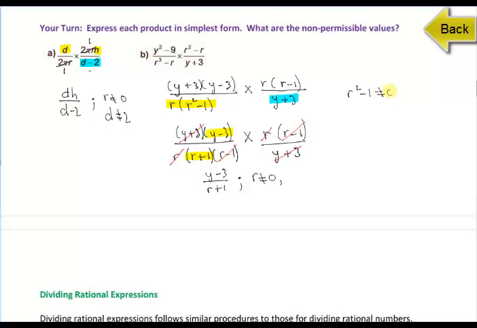So I'm going to say that it can't be equal to 0, so r squared cannot equal 1, so r cannot equal plus or minus 1, and so I can put plus and minus 1 here. And then for the denominator that I've highlighted in blue, I can see that y cannot be equal to negative 3. Okay, so that concludes example 1.